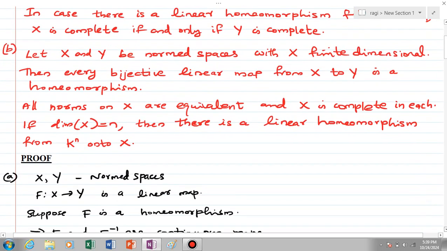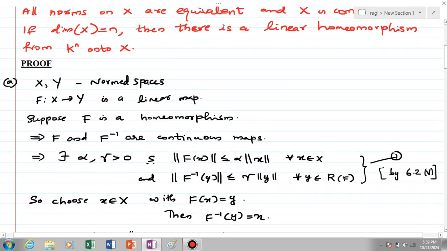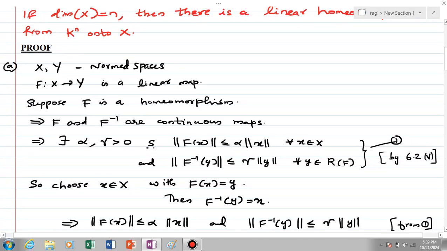Okay, let's look at the proof. For the first part, we have X and Y are normed spaces and F from X to Y is a linear map, and we are supposing the one side, that is, F is a homeomorphism.